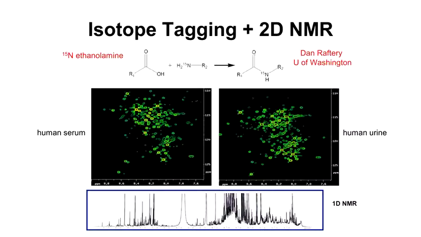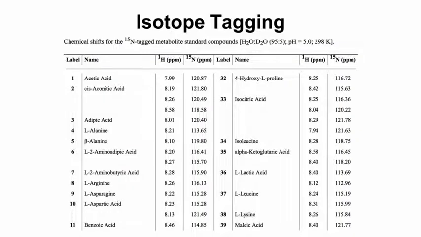And what Dan Raftery has done is publish a list giving a whole bunch of N15 proton chemical shifts for these ethanolamine tagged compounds. He's done this for each purified compound, measured the spectrum, collected the HSQC, and so now you can just look it up. So this is trivial to deconvolute. It doesn't require the complicated hidden Markov models and other things that we talked about with Bayesil.